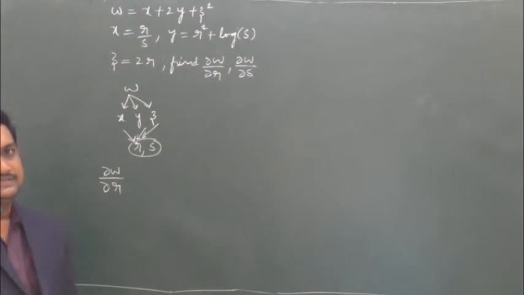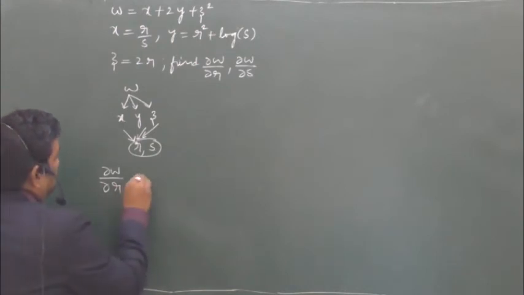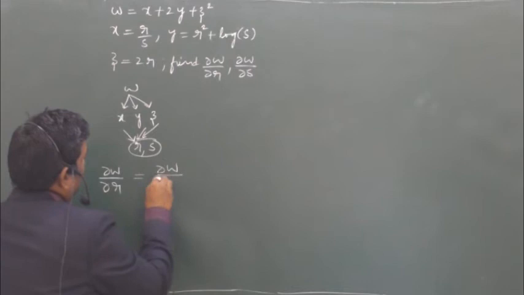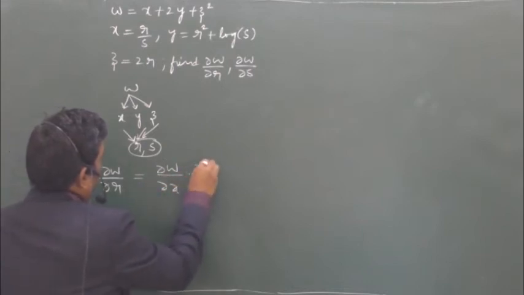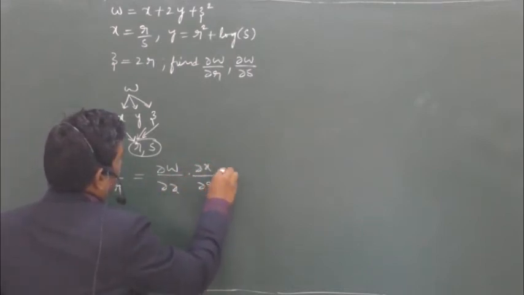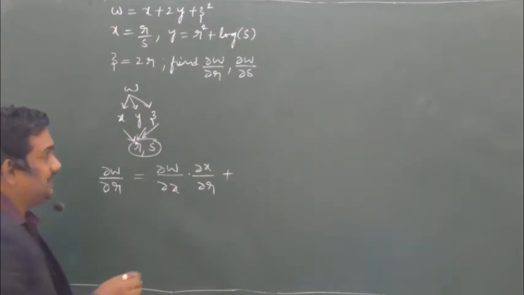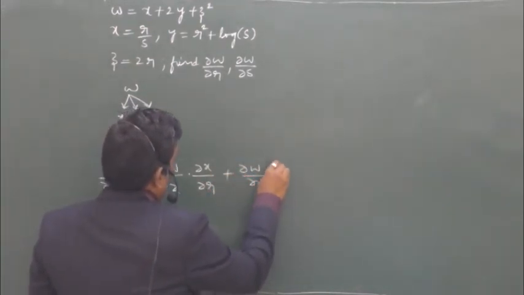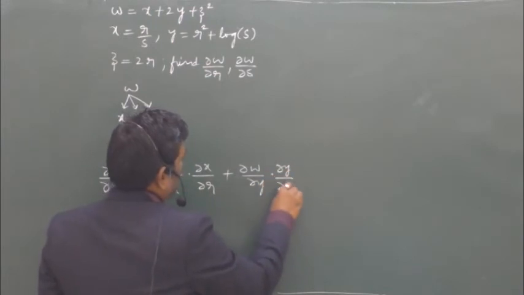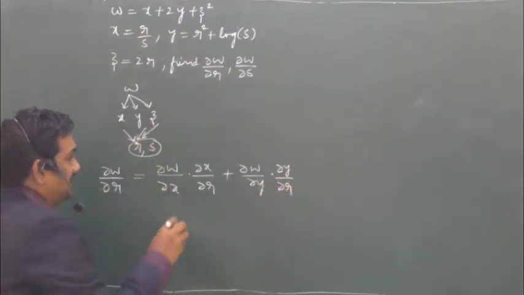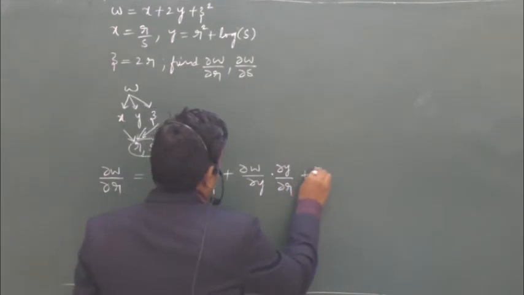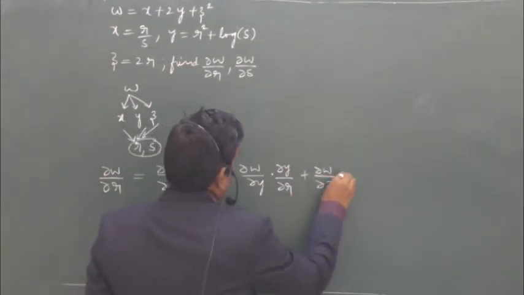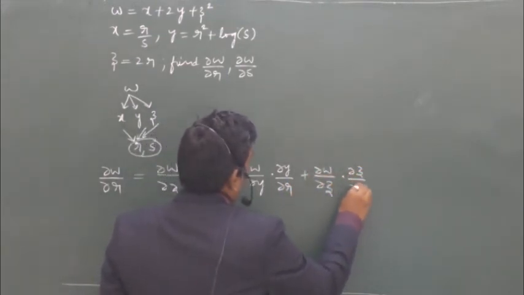Now this is equal to dou w by dou x and the derivative of x with respect to r, next dou w by dou y and the derivative of y with respect to r, and dou w by dou z and z with respect to r.